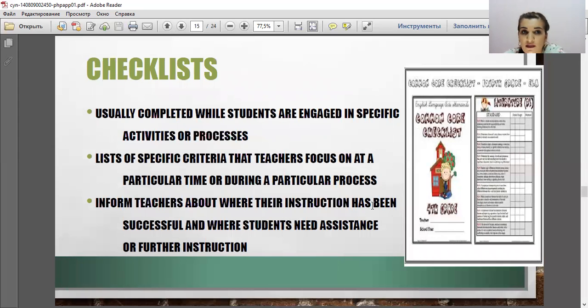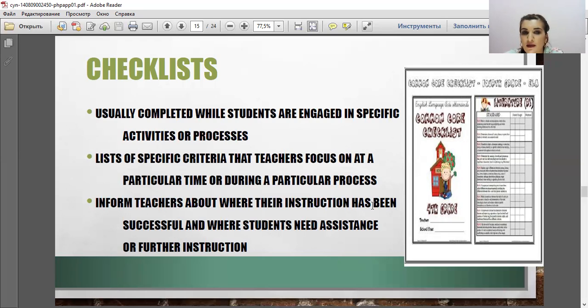So checklists. Here we can see that formative assessment is used, because checklists are usually completed while students are engaged in specific activities or processes, a list of specific criteria that teachers focus on at a particular time or during a particular process.